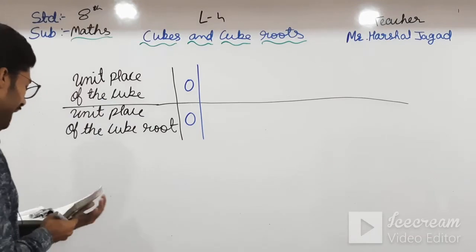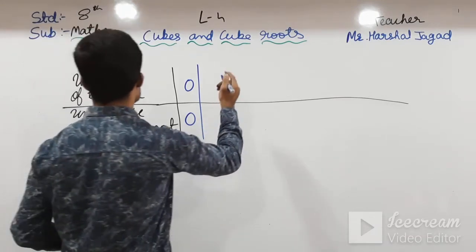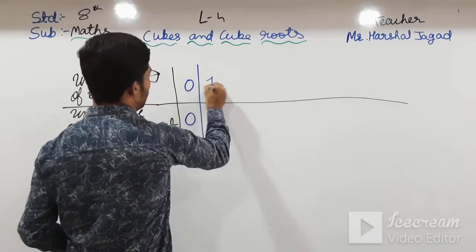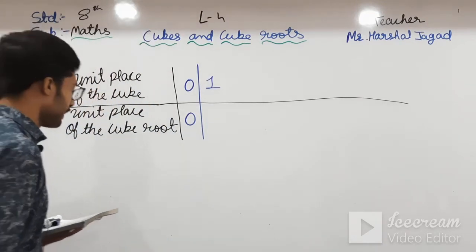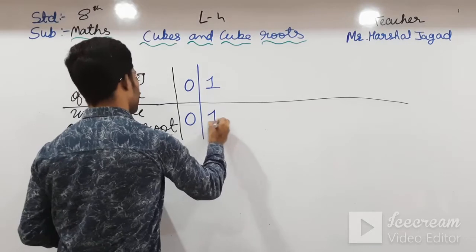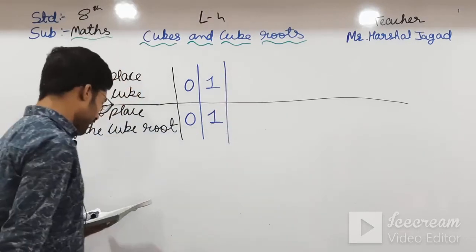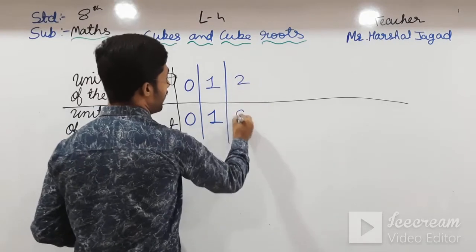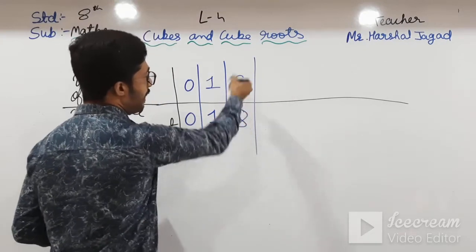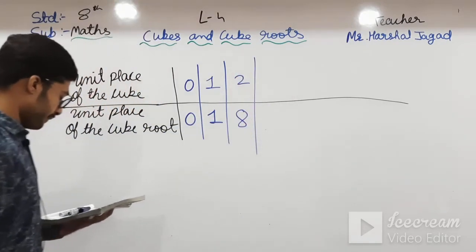And another one, if in the unit place there is 1, then if we take its cube root, there is also 1. Okay students, next, if there is 2, then it is 8, or if there is 8, it is 2.